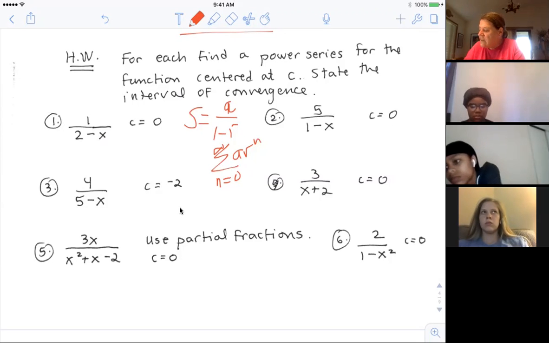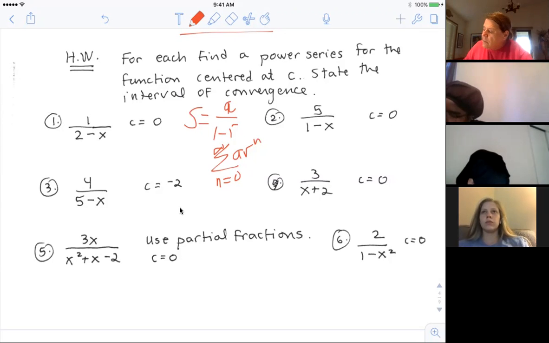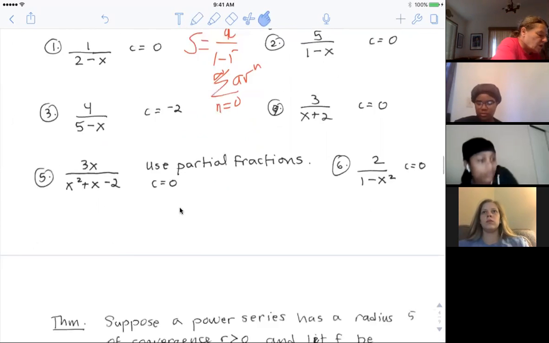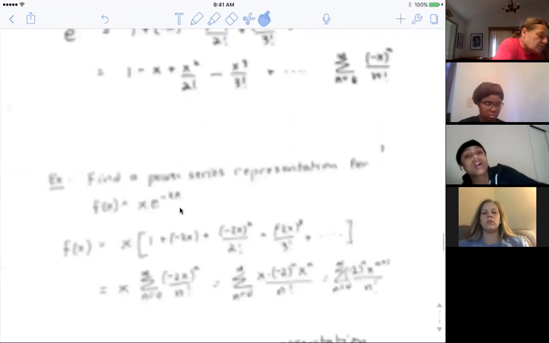So this is still in section 11.6. The homework on that page, I'm going to give you some more homework on that page tonight that has to do with the rest of the section. But the homework on that page, on page 579, I'll go to the bottom here and add a page.